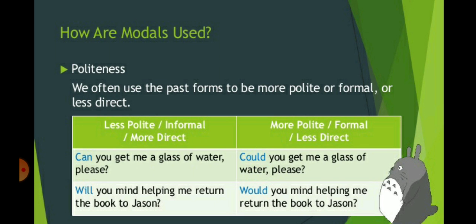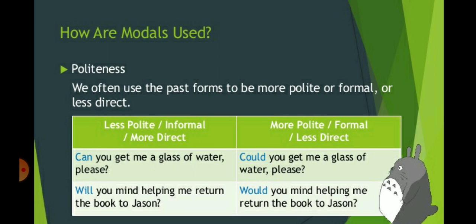Here look at the example, can you get me a glass of water please? Will you help me return the book to Jason? Here these two examples express a less polite or informal or more direct way of speaking.